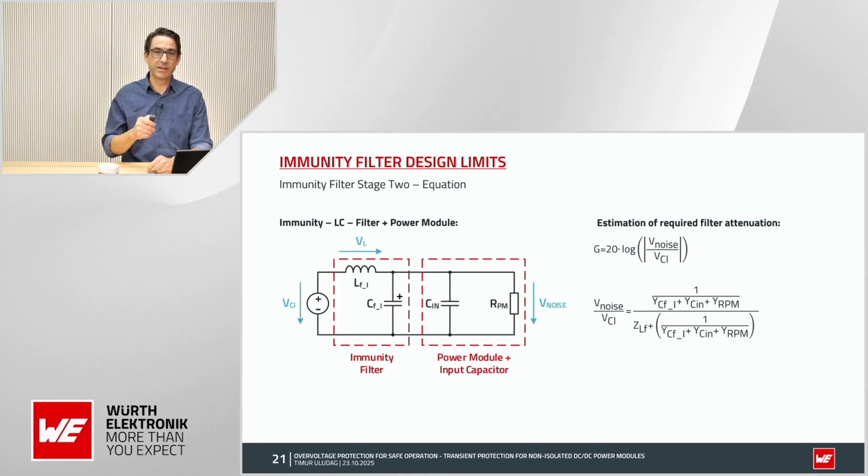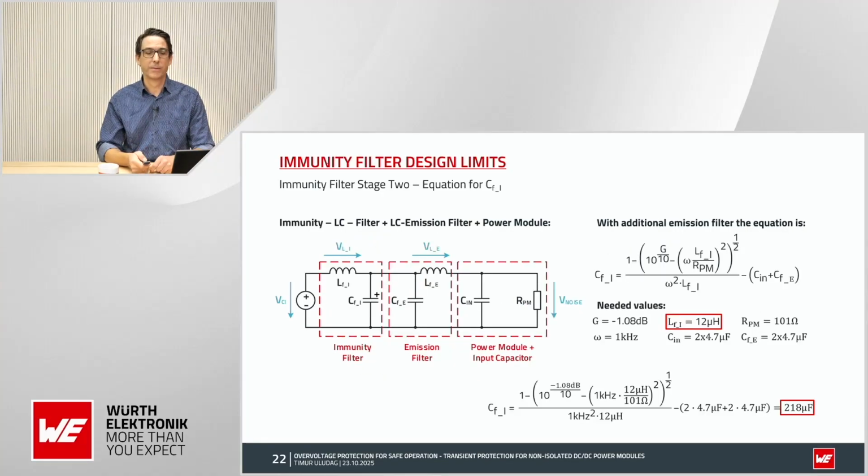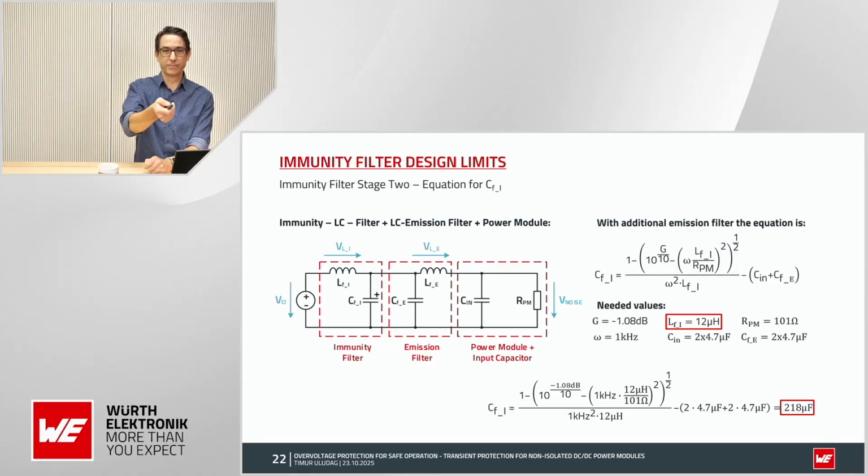But this equation does not show all the parts we have in reality. With the already existing emission filter of the power module, the circuit can now be redrawn as shown. As you can see here, we squeezed in the emission filter.